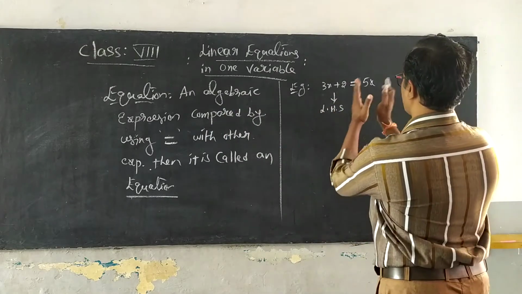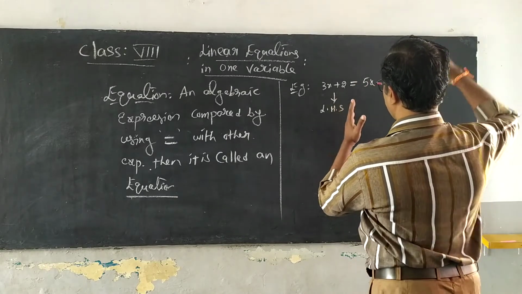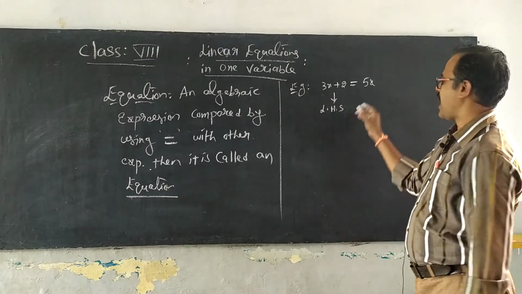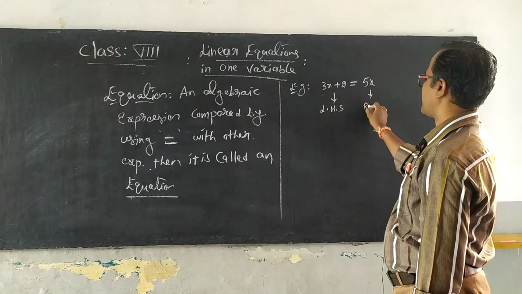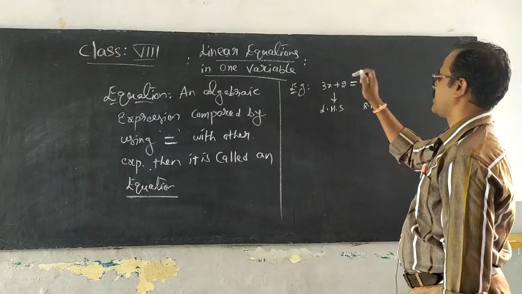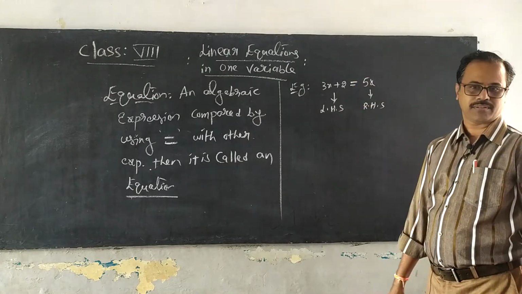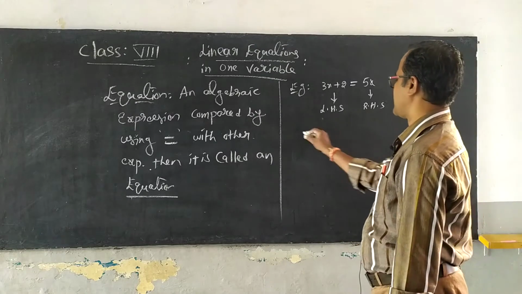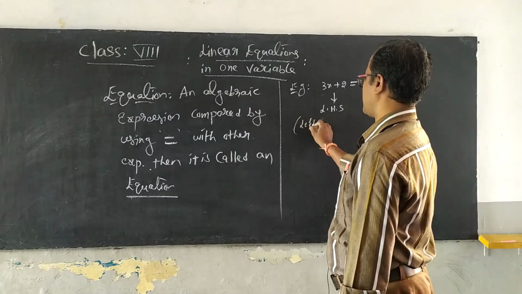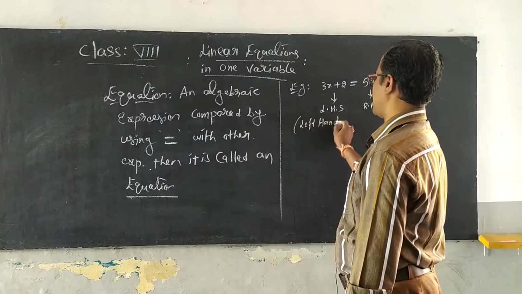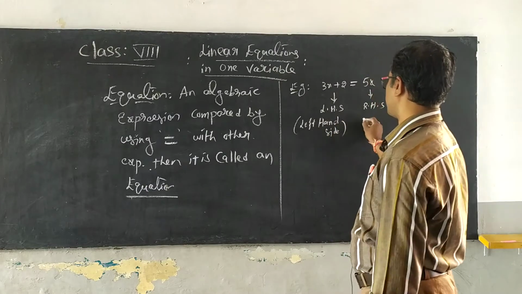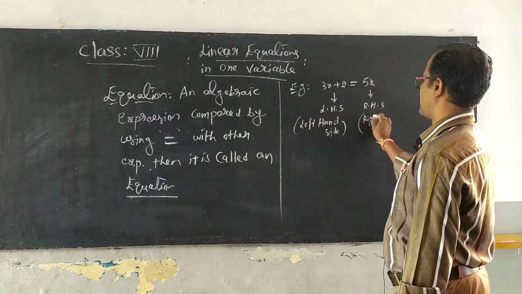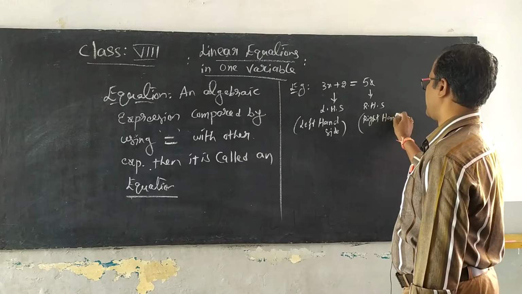And towards the is equal to, your right hand shows the RHS, which is called the right hand side of the is equal to symbol. Okay, LHS means left hand side, whereas RHS means right hand side.